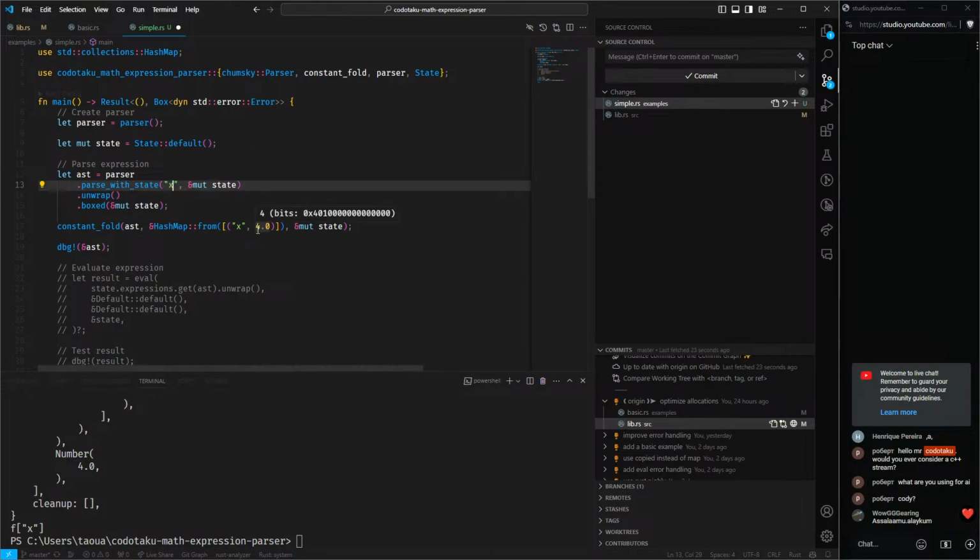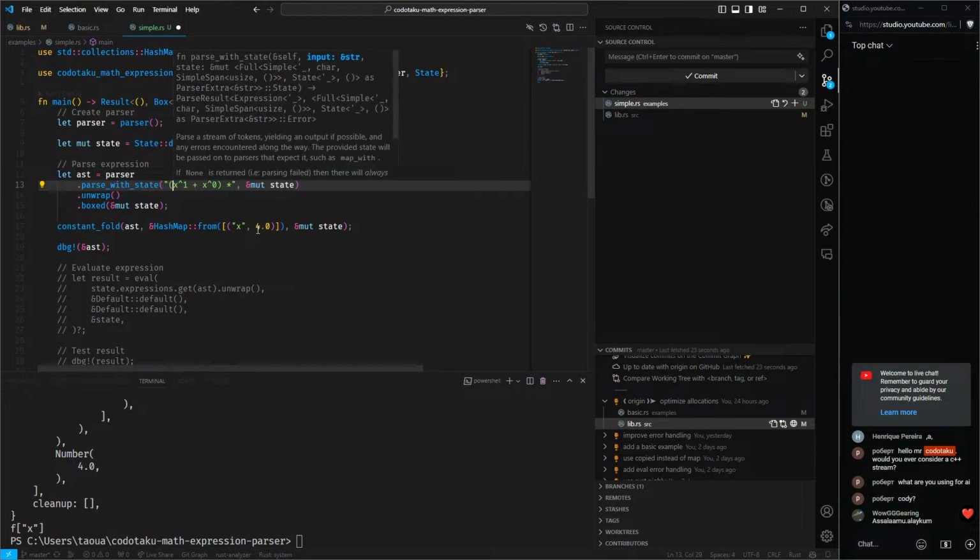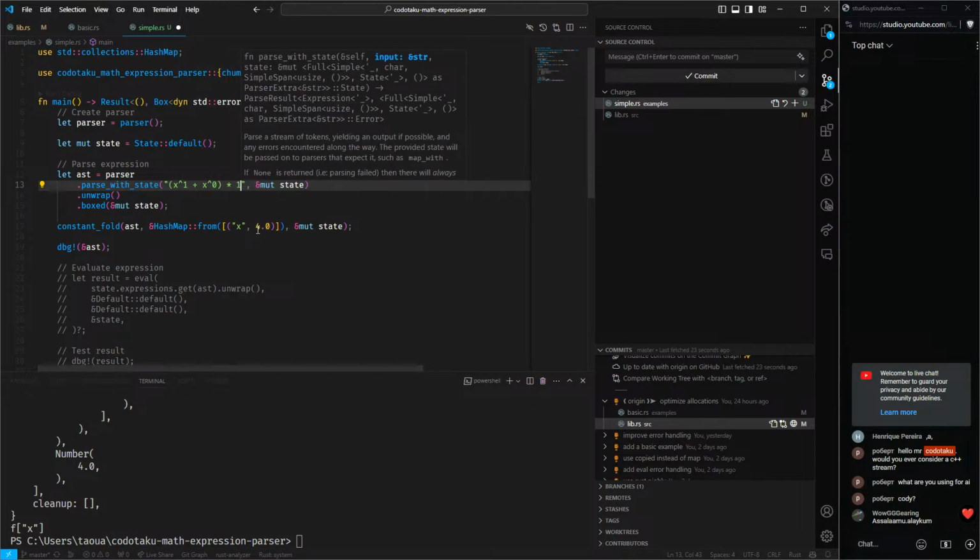And let's say something like, I don't know, x to the power of 1 plus x to the power of 0 plus, or let's do something times 1. Alright, let's actually do x to the power of 0, which would result in 1.